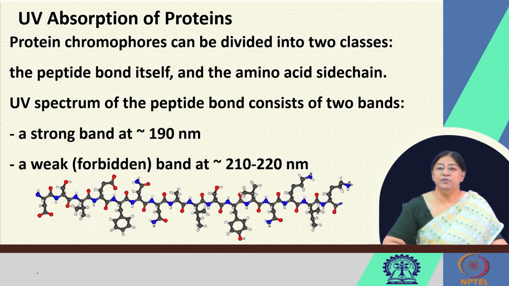So the protein chromophores that we looked at previously have divisions in terms of the peptide bond itself, and the UV spectrum of the peptide bond consists of these two bands that we looked at, the strong band and a weak forbidden band, that corresponded to specific transitions. But in addition to these, we have the UV presence of the aromatic amino acids that also give us additional absorbance values that are of use in protein chemistry.